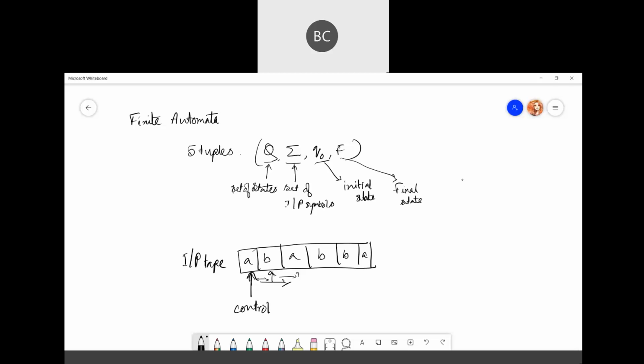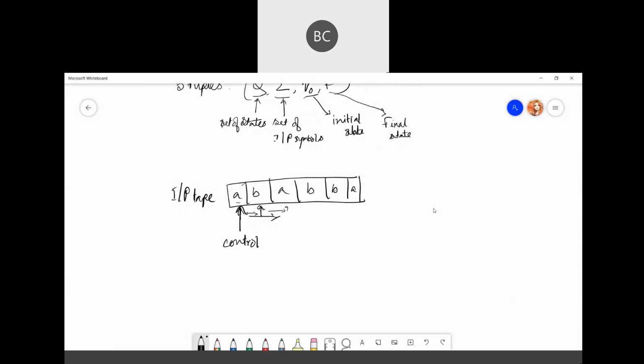And when it reads one symbol, it changes its state. Whenever it reads one symbol, it changes its state. Then again, from one symbol to the next, it will change to another state. So there will be mainly two states here: one is accepted, or there will be a reject state.